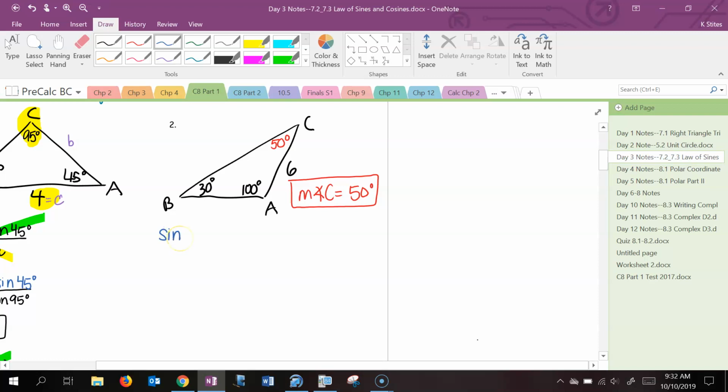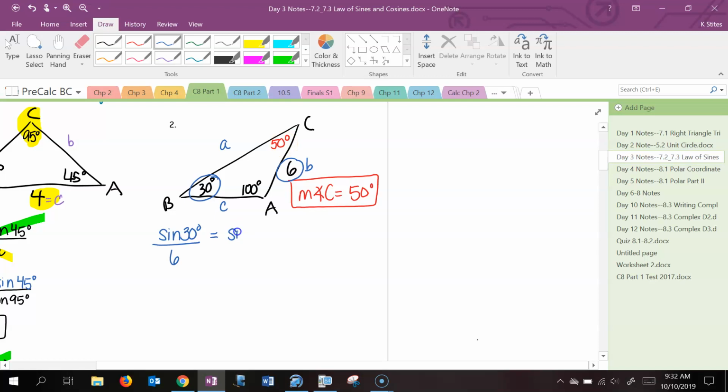I'm going to start with my sine of 30 over 6 because those are the matching ones. Okay, if you want, you can label your sides. So sine of 30 over 6, and it doesn't matter what you find next. So I'll just do sine of 50.